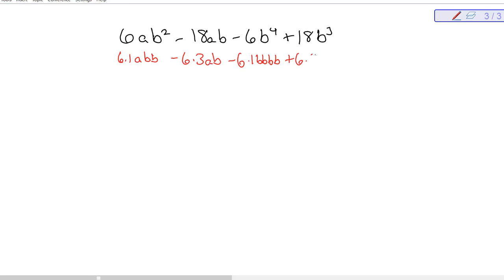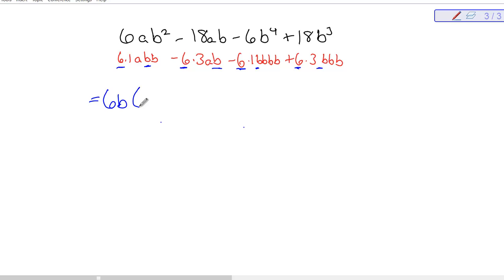And then a 6 times 3, and there's 3 b's here. So if you notice, there's a 6 in each one of these, but there's also a b in each one. So we're going to actually take out a 6b to begin with.